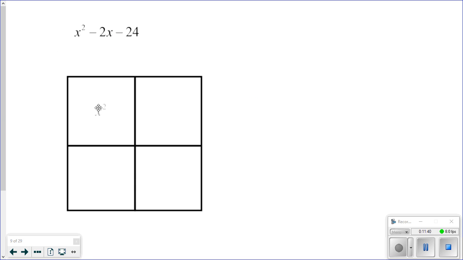All right, top left is x squared, bottom right is a -24. We're dealing with a negative constant term. So spend some time figuring out what numbers multiply to get -24 and add to get -2.